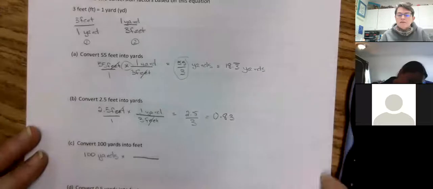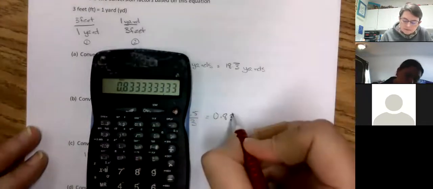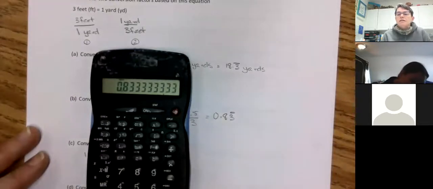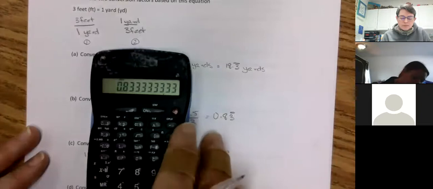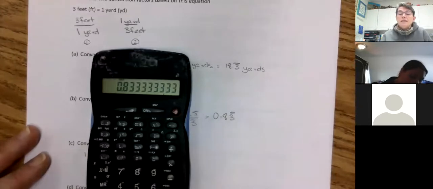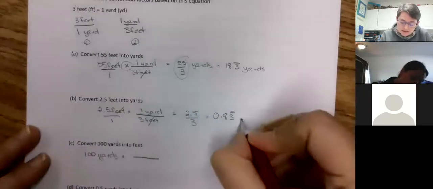I've got that repeating decimal again, so I'm going to put a bar. We'll see that a lot in this section. We'll get repeating decimals. It's no big deal. I will show you, maybe on Monday, how to get rid of that or some other options. But for now, it's perfect. And that is yards.